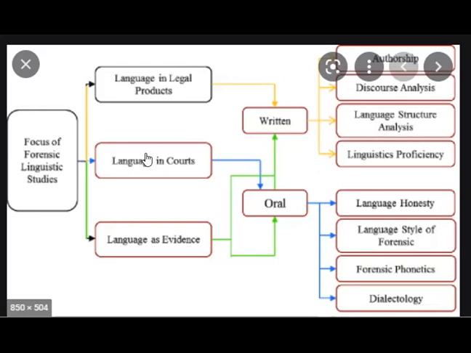Maybe the person is saying it in Pashto, and the typing is done in another language, maybe in English or Urdu, and it's not exactly what they are saying. So in Pakistan, things are very different from what they are in foreign countries and in many other countries as well.